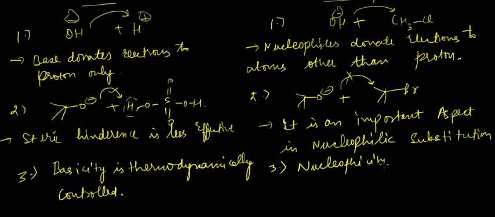If at this moment you are not able to understand these big buzzwords like thermodynamically and kinetically, you can ignore them for the time being, and later we can discuss it in our physical chemistry lectures, so no need to worry about that. Nucleophilicity is kinetically controlled.